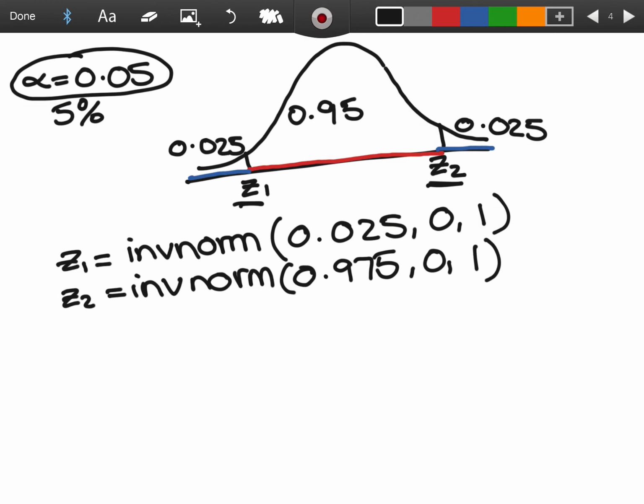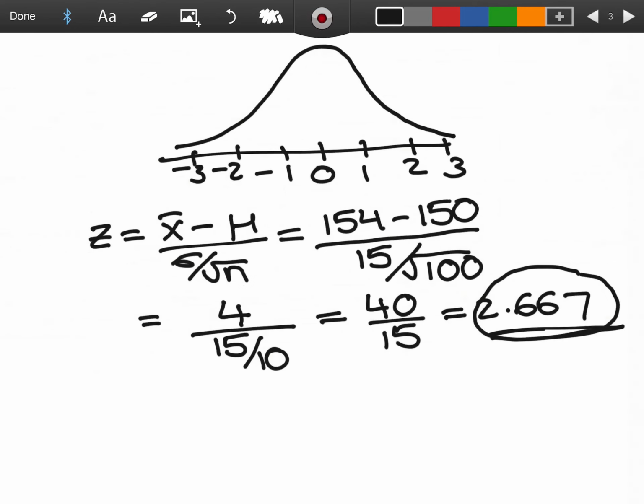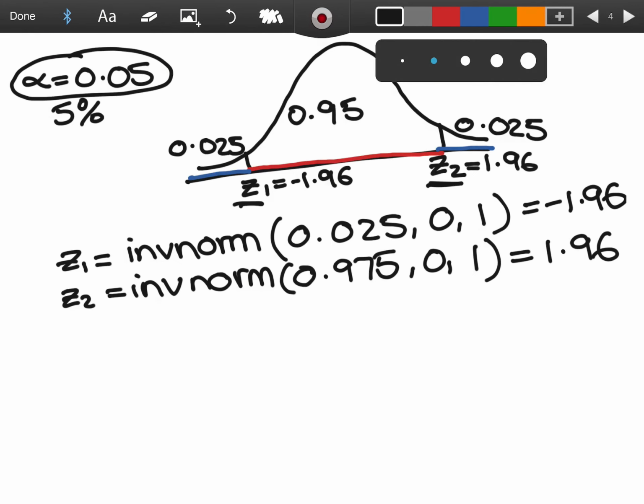Okay? So when you do that, roughly z1 is negative 1.96 and z2 is 1.96. Okay? So in this case, we now need to test our test statistic and see where this thing lies.